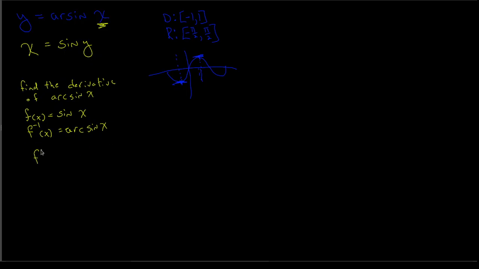Then what we'll do is use our inverse theorem. So let me get parentheses in place here. The derivative of the inverse function is going to be 1 over the derivative of the original function evaluated at the inverse at x.